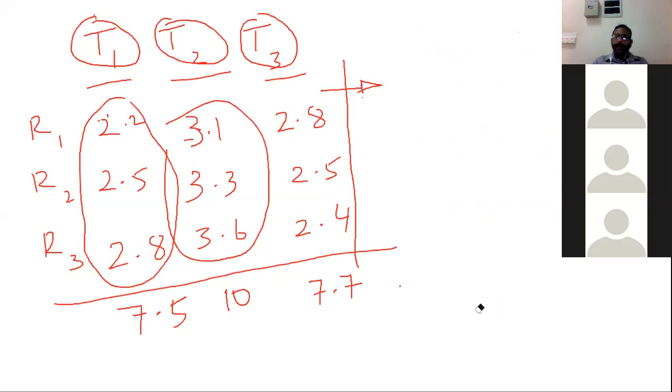All right. Grand total square by... Let's say treatment sum square is 71.85. So keep that in mind. Sorry, this is not treatment sum square. This is summation y i dot square divided by r.